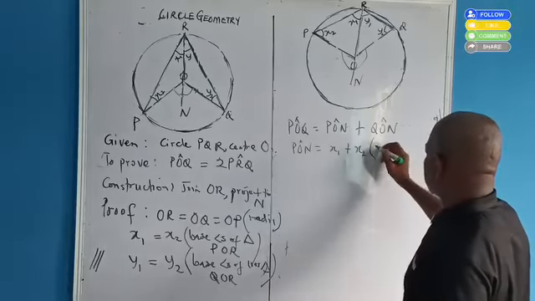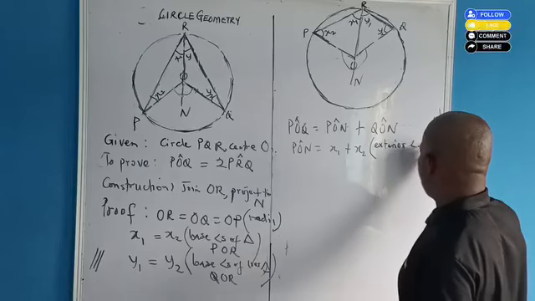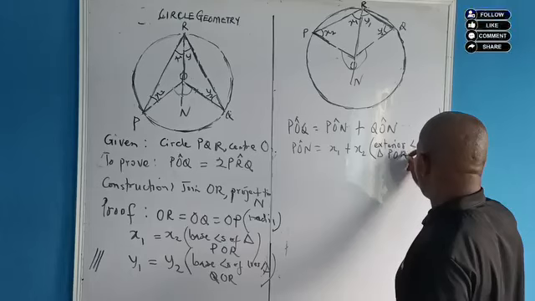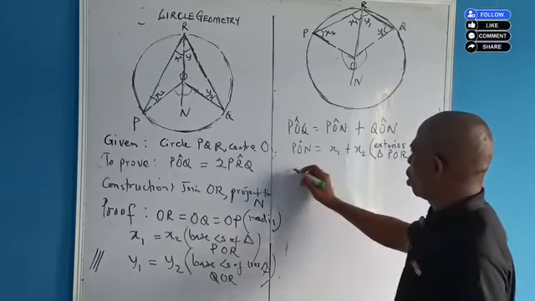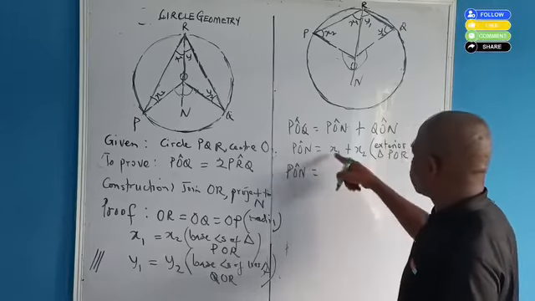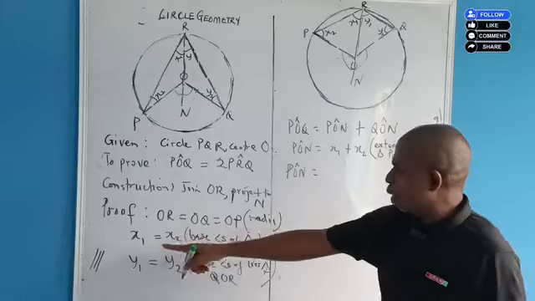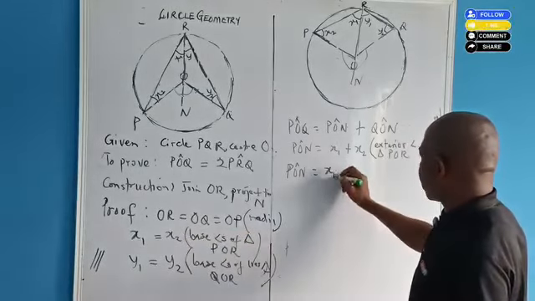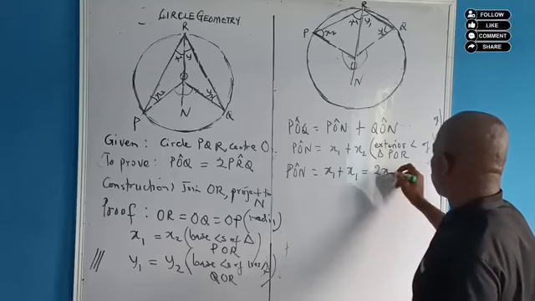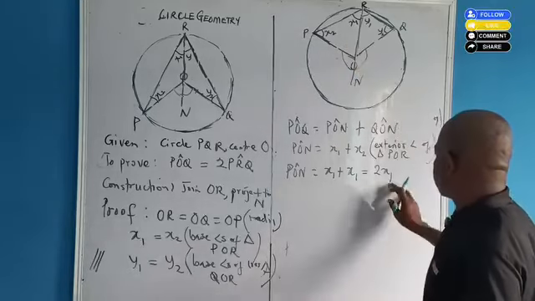So we state the reason: this is exterior angle of triangle POR. Now, PON, don't forget we have said x1 is equal to x2. So I can write this as x1 plus x1, which gives me 2x1. Same here.